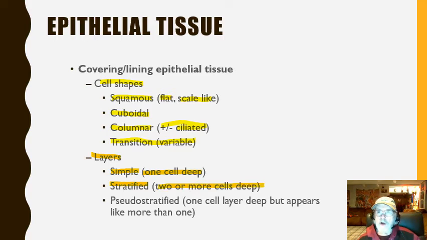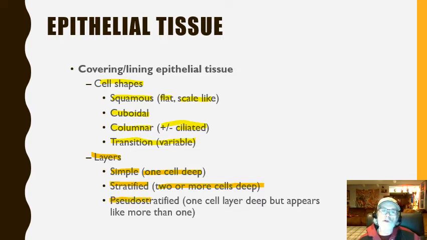In other areas, we'll find layer upon layer upon layer of cells. So it'll be stratified squamous, or sometimes we'll find two cuboidal cells, one packed on top of the other, because it is in layers. It's called stratified cuboidal cells. So simple means one cell layer thick, or deep, and stratified means two or more cell layers deep. And I'll show you examples of both of those.